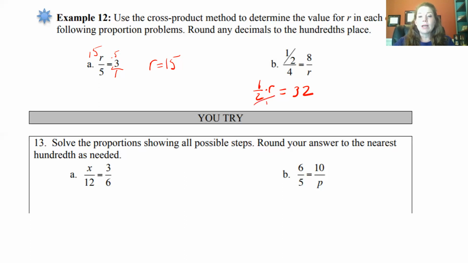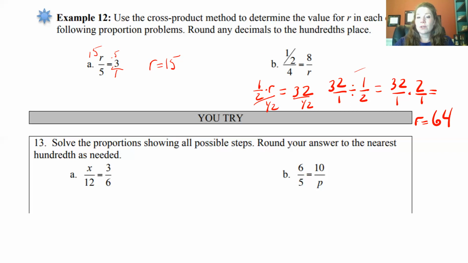We're going to divide by 1/2. 32 divided by 1/2. So how do we divide fractions? We're going to keep it, change it, flip it, and the answer is 64.